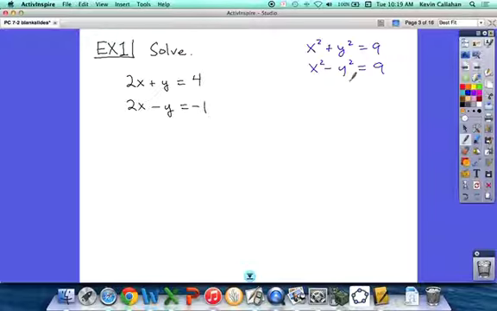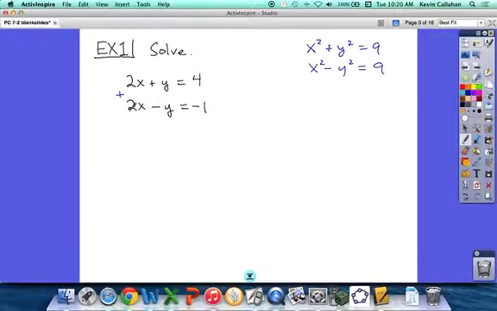But basically, when you use the process of elimination, what it means is you're going to add these equations together and eliminate one of the variables. Like in this system of equations right here, if I just add them the way they are, which variable gets eliminated? The y, right? Because it's positive y and negative y. When I add them together, that eliminates the variable. So let's do that.